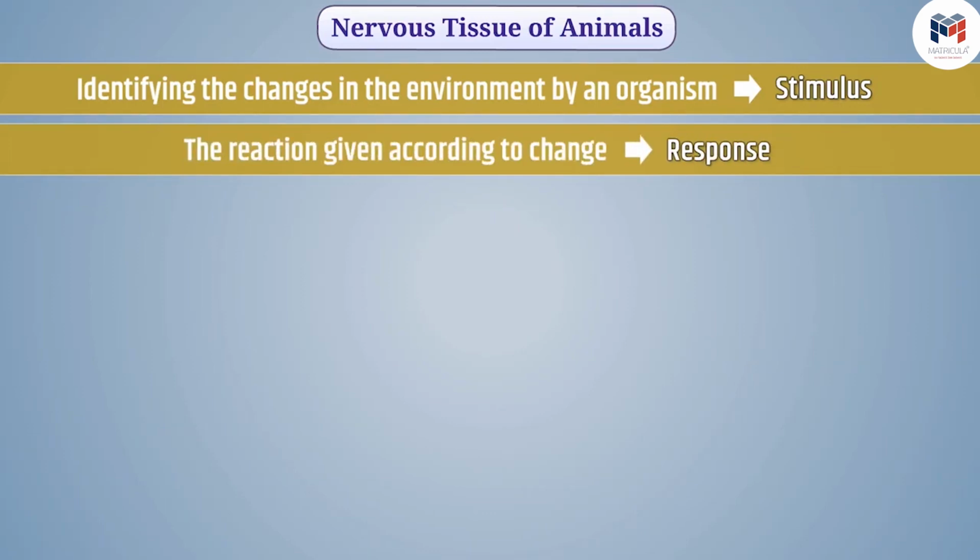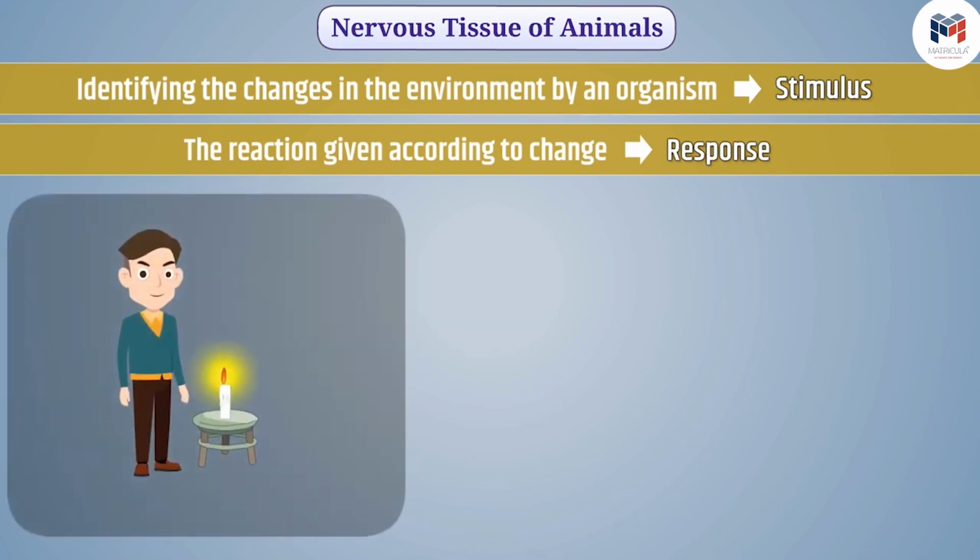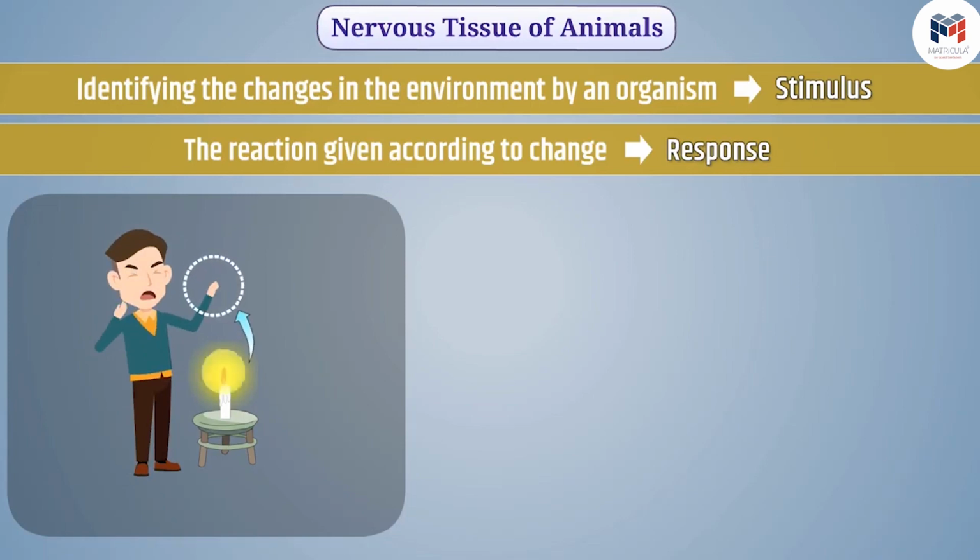For example, if we inadvertently touch a hot object, the touched part of the body is immediately taken back. Here, the hot nature of an object is the stimulus, and taking back the part of the body is the response.